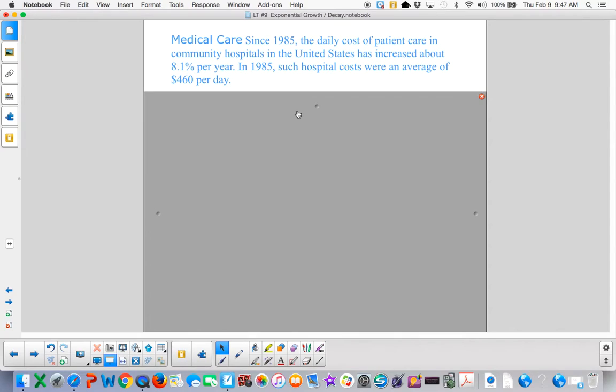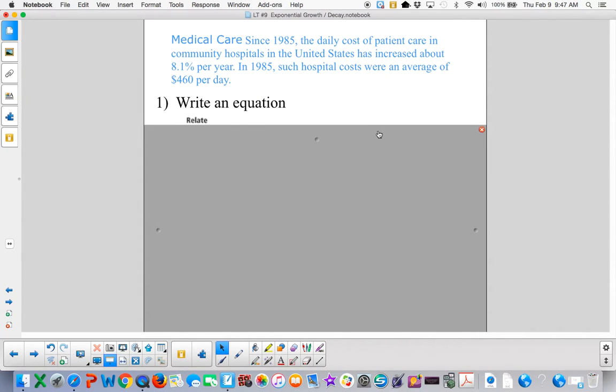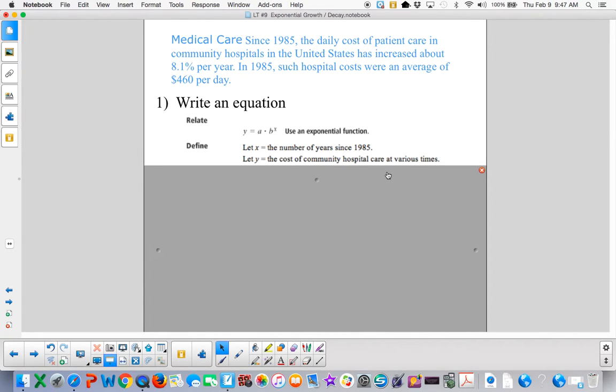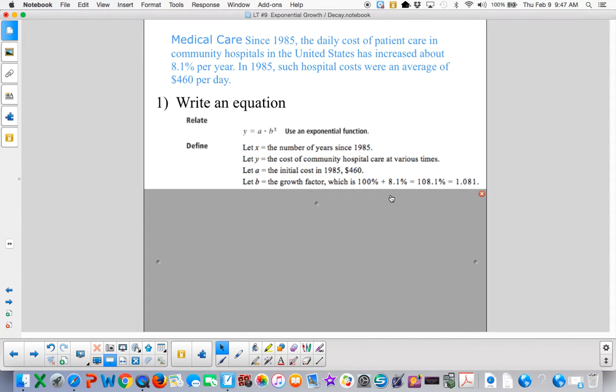Here's another example. Since 1985, the daily cost of patient care in community hospitals in the U.S. has increased 8.1% per year. In 1985, such hospitals were at an average of $460 per day. If we were to write an equation for this, we'd have y equals a times b to the x, where x is our number of years since 85, y is the total cost, a is our initial amount, which was 460, and b is our growth factor.